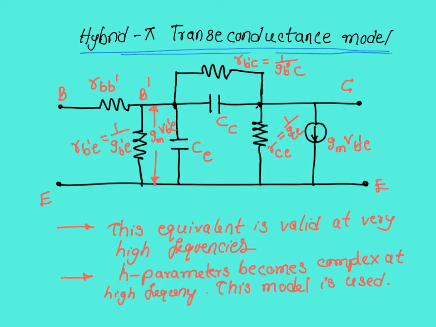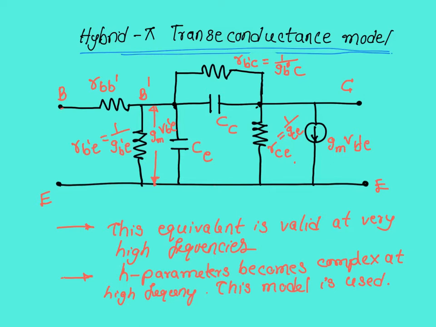Coming to the circuit representation, this model consists of different kinds of resistances such as RBB dash, RB dash E, RCE, RB dash C, and capacitances CE and CC, and a current source GM VB dash E. Here we have a base spreading resistance called RBB dash, which exists between B and B dash.